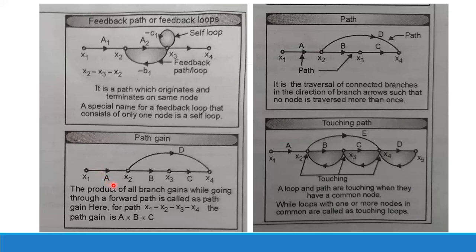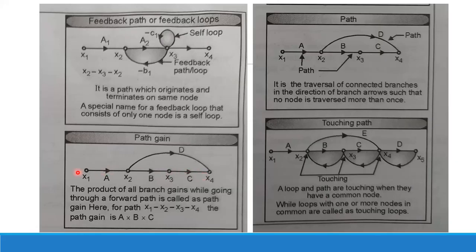The product of all branch gains while going through a forward path is called the path gain. Whenever you see a forward path in a signal flow graph, the gains of its branches get multiplied, and that multiplied gain is nothing but the gain of that path.